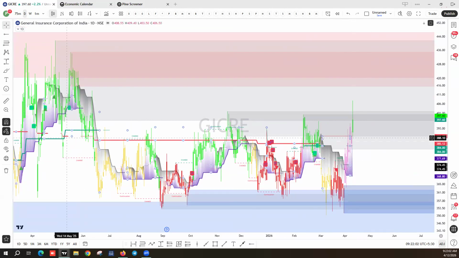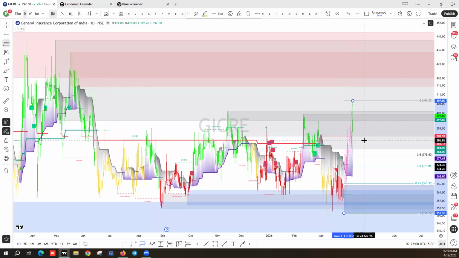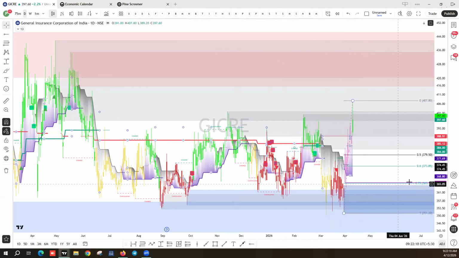If at all I want to buy, I will take a retracement entry. I will place retracement at 75%. We have to place the alert slightly higher than where we want to take entry. I'm not placing exact 365.35.